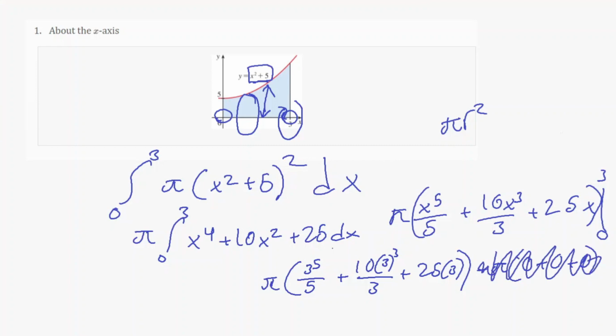Now we need to simplify this, so if you plug it all into a calculator, you will get 1068 divided by 5, and then we have pi on the outside. So our final answer would be 1068 pi divided by 5.